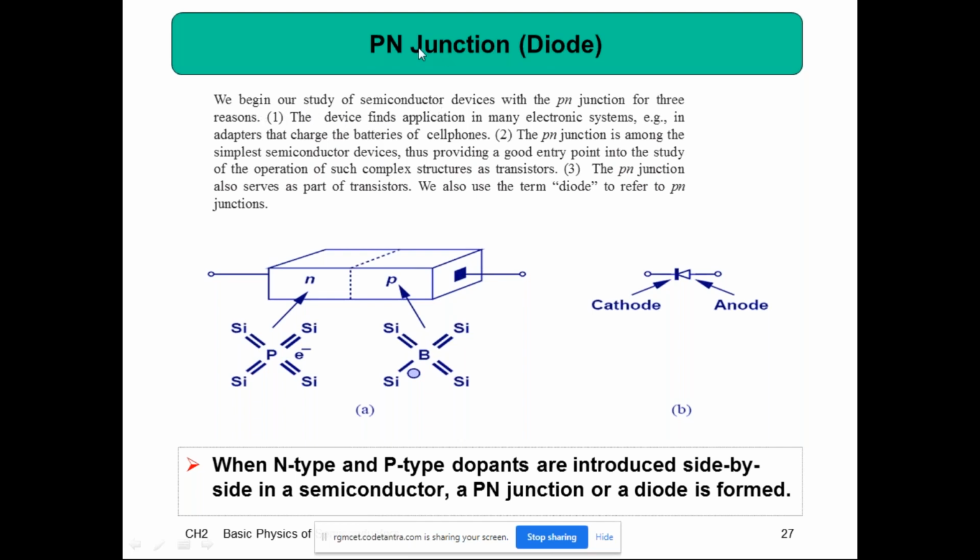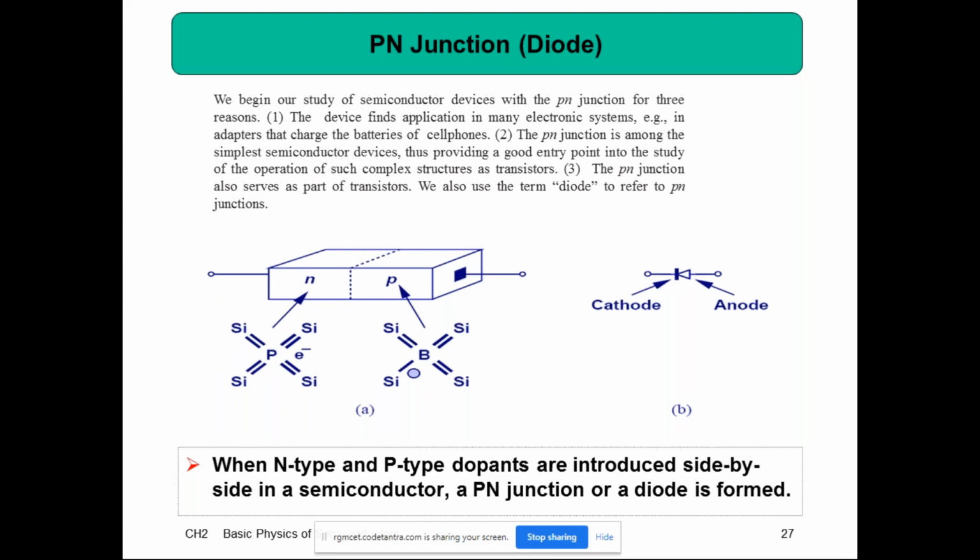Observe here, PN junction is also called a diode. We begin our study of semiconductor devices with the PN junction for 3 reasons. The first one is the device finds application in many electronic systems, that is, in adapters that charge the batteries of cell phones. The main application of PN junction is the adapter.